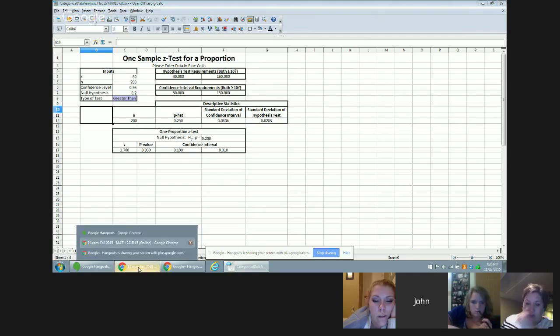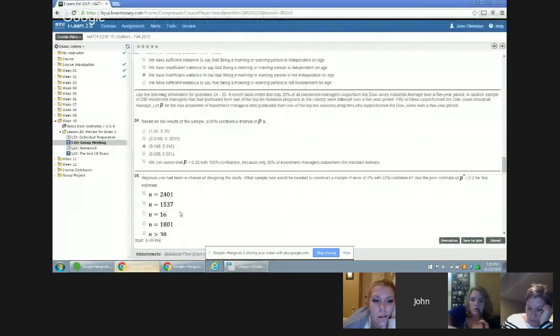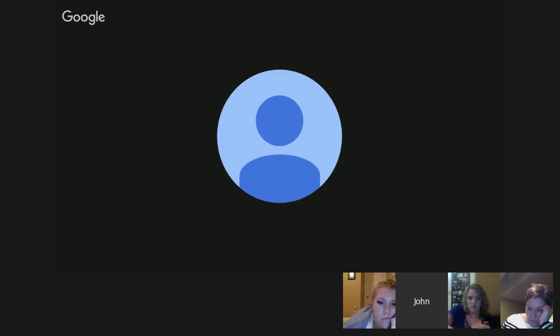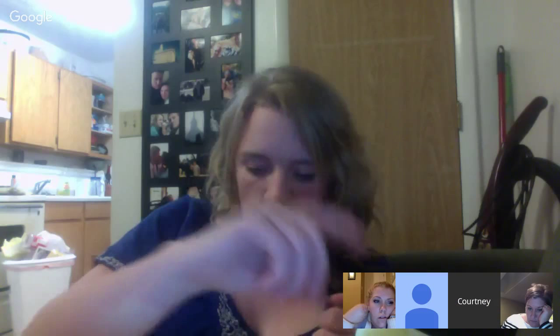And then 25, Courtney. Suppose you've been in charge of designing studies. For sample size studies, I remember there's an equation you put it into. Isn't it just the z times the standard deviation over the margin of error, squared?